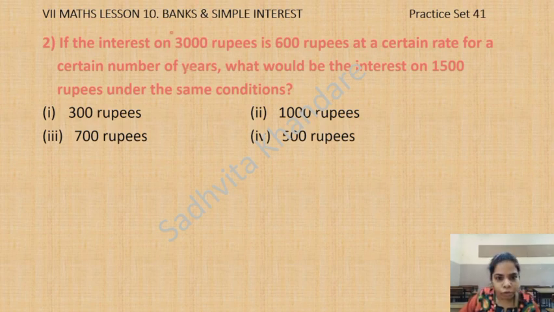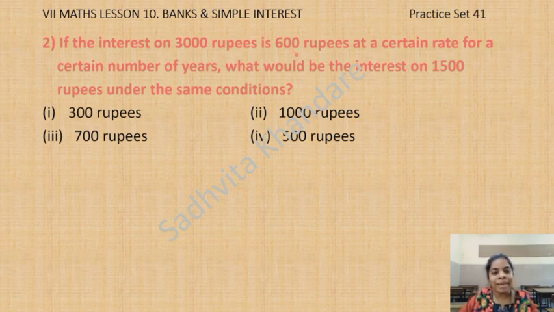For 3,000 rupees, the interest is 600 rupees. So for 1,500 rupees, children, 1,500 rupees is half of 3,000 rupees. So if the money is becoming half, the interest will also become half, which is equal to 300 rupees.